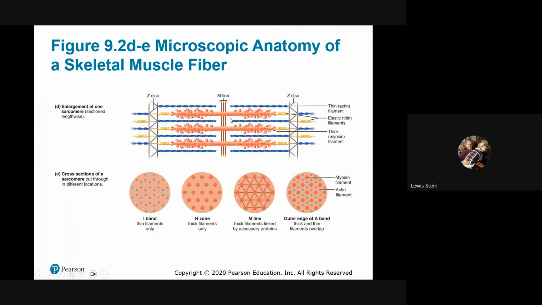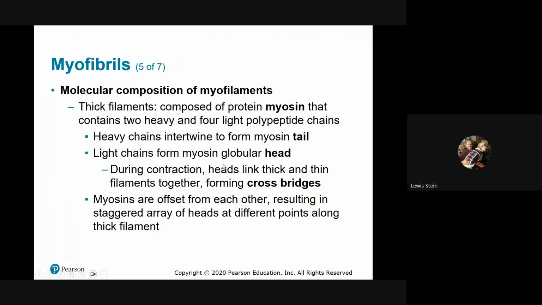This is the very famous repeat unit we call the sarcomere, bounded by the Z discs. There's a gap space in the middle. I don't go crazy about M lines and H zones. The thick filaments are composed of a protein called myosin, with heavy and light chains.